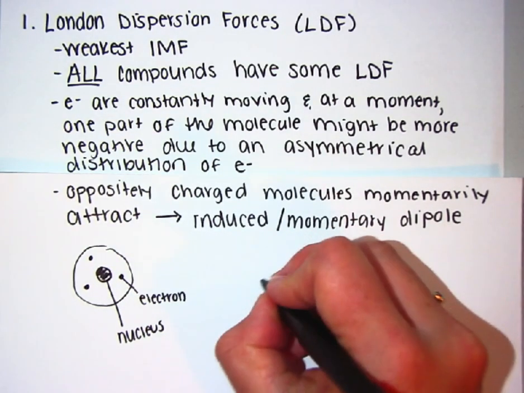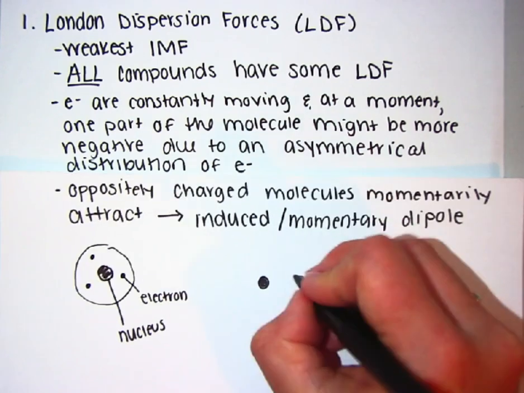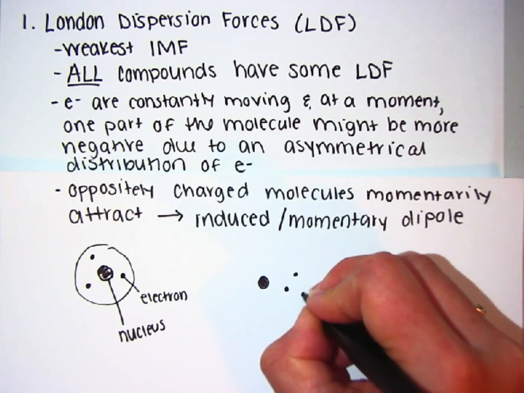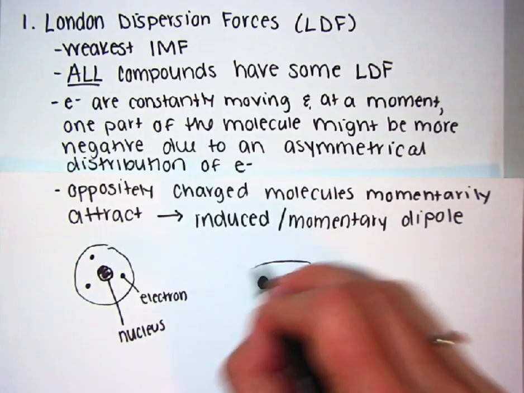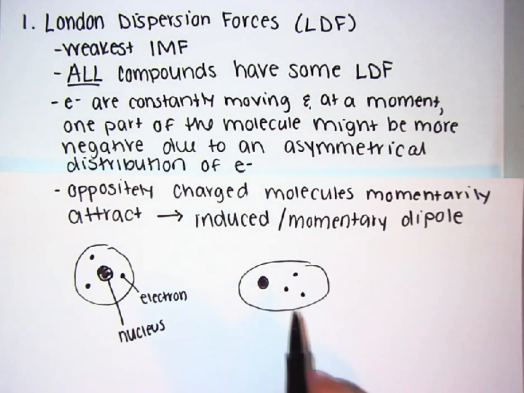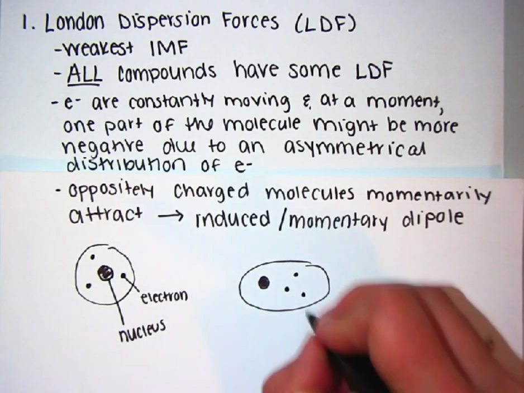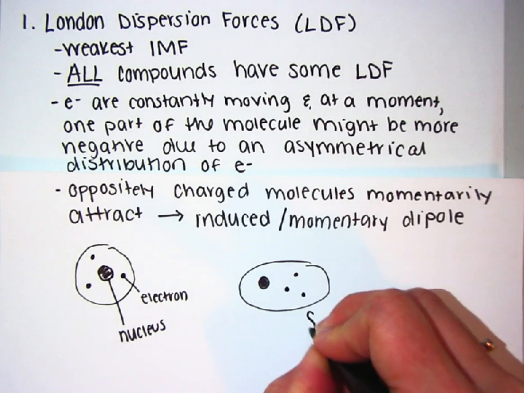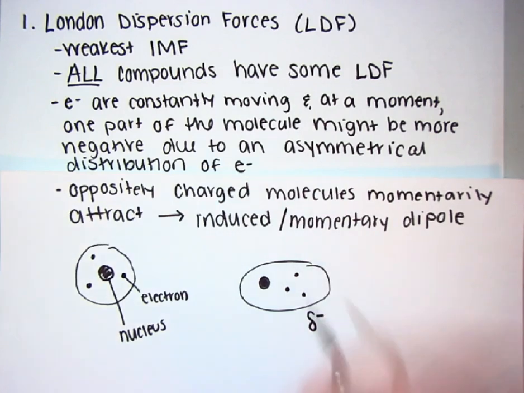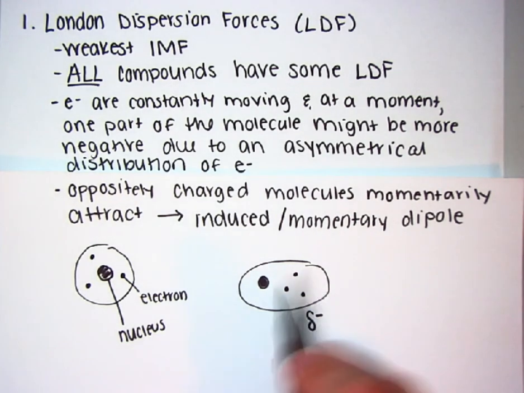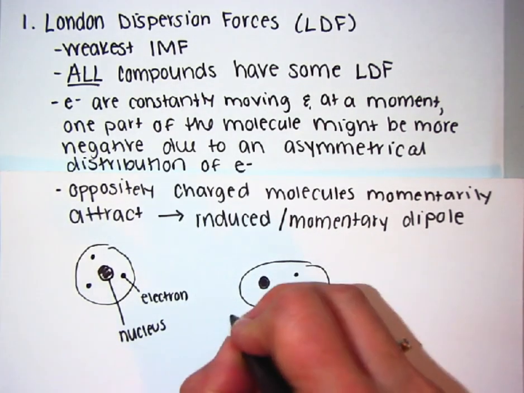So let's say as they're moving, at one point in time we have an asymmetrical distribution of electrons. All of the electrons end up on this side of the atom, or the side of the molecule, I should say. That is going to induce a partial negative charge because all of the negative charges are on one side.